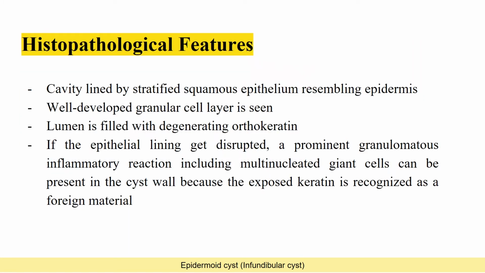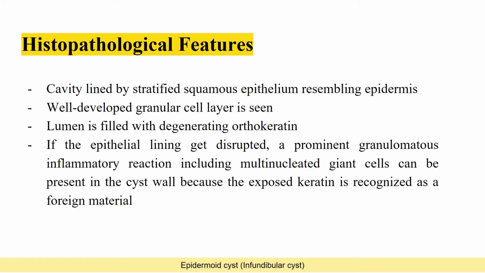In the histopathological features, a cavity lined by stratified squamous epithelium resembling the epidermis can be appreciated. A well-developed granular cell layer is seen, and the lumen is filled with degenerating orthokeratin.